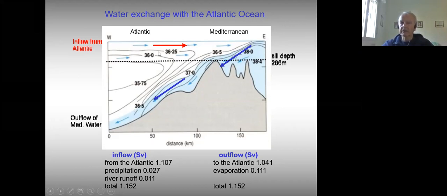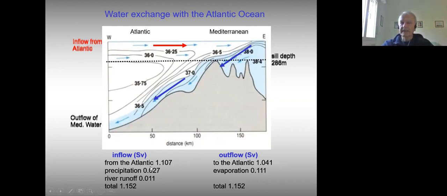And this is how it looks in the vertical cross section from the Atlantic into the Mediterranean. People were able to calculate the inflow of the Atlantic water into the Mediterranean simply by doing current measurements at a certain number of points and doing the numerical integration.